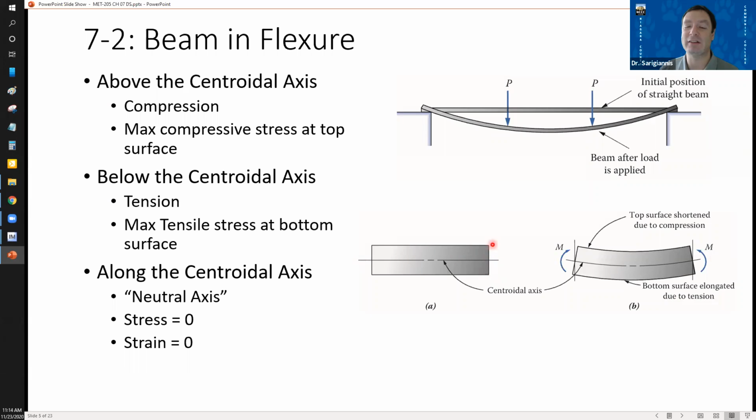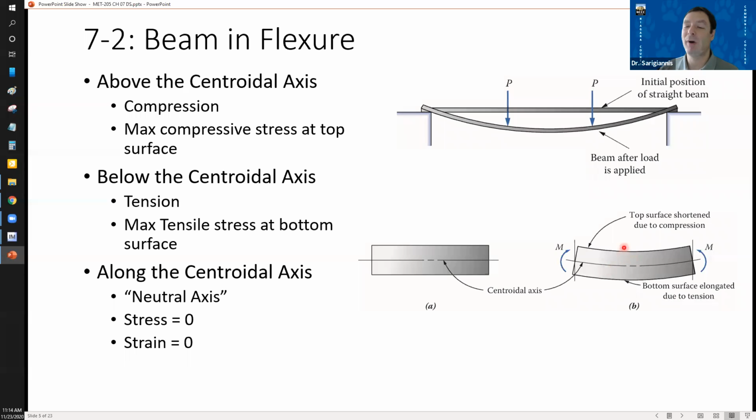So one of these faces. And then that axis runs along the long axis of the beam. Along the centroidal axis, this is what's called the neutral axis. So if it starts bending, your stress and strain are 0 on this axis.